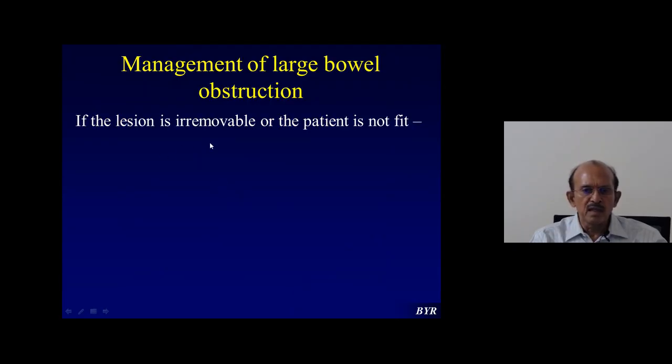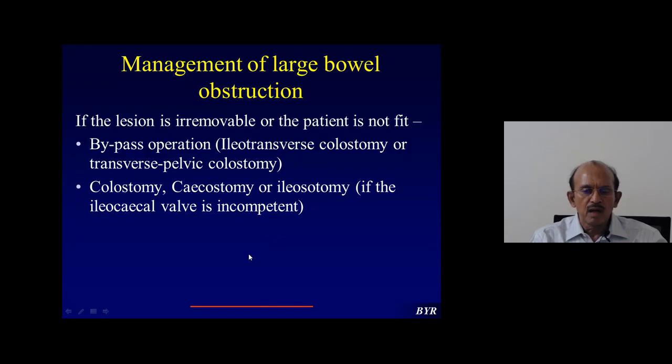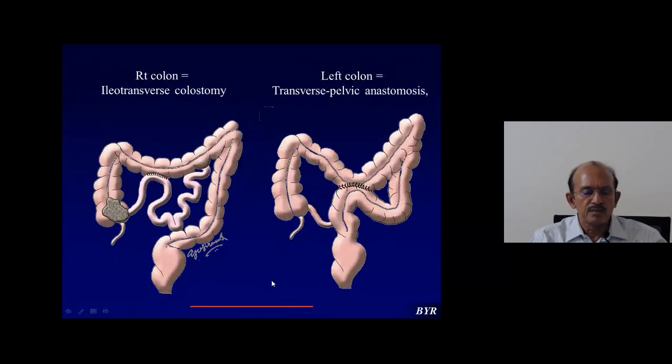If the lesion is irremovable or the patient is not fit, you do a bypass operation like ileotransverse colostomy or transverse pelvic colostomy, or you can do cecostomy or ileostomy if the ileocecal valve is incompetent. This is ileotransverse colostomy for a right colon growth in an unfit patient or where it is inoperable.